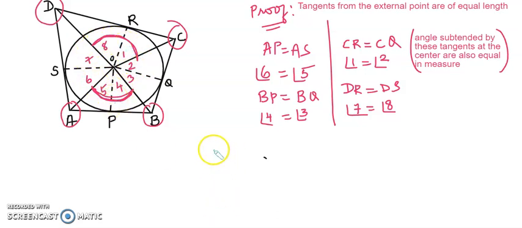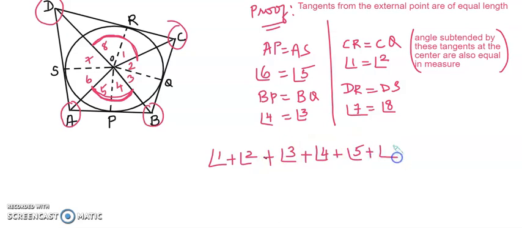If I add up angle 1 plus angle 2 plus angle 3 plus angle 4, and so on, they will all add up to be 360. Why? Because they are around the center of the circle. Now I'm going to replace angle 2 by angle 1, I can do that.